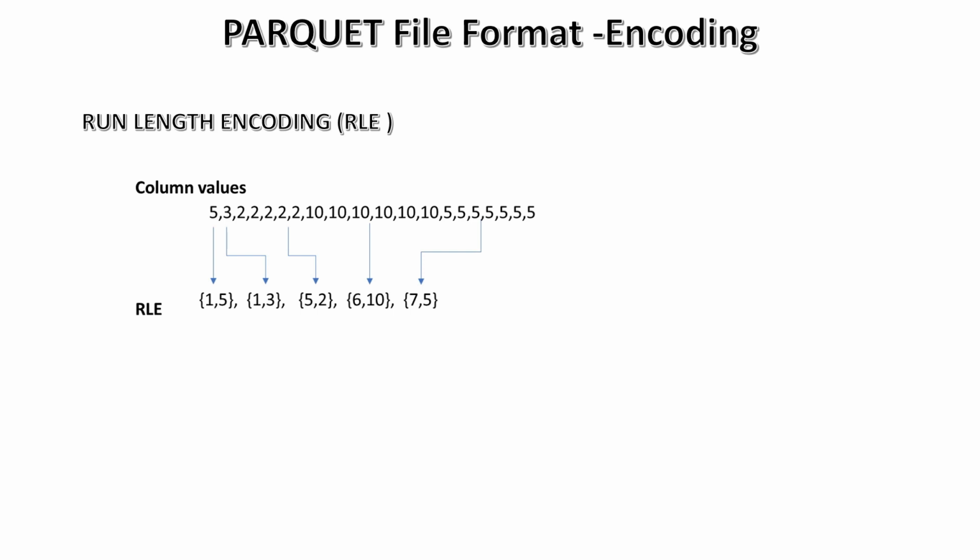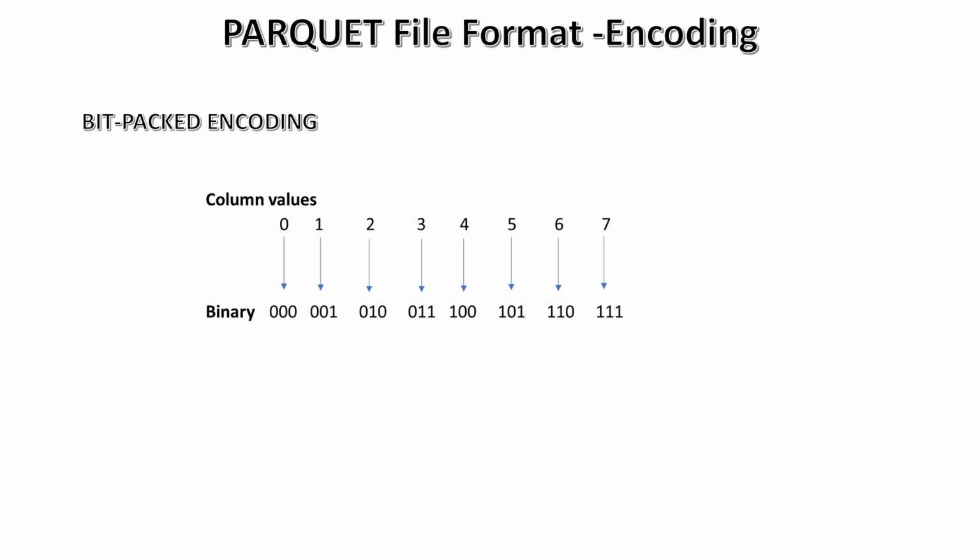Here it is representing that 5 is available once, 3 is available once, 2 is available 5 times, 10 is available 6 times, and 5 is available 7 times. So only that representation will be stored in run length encoding. That way repetition will be removed and data size will be reduced.